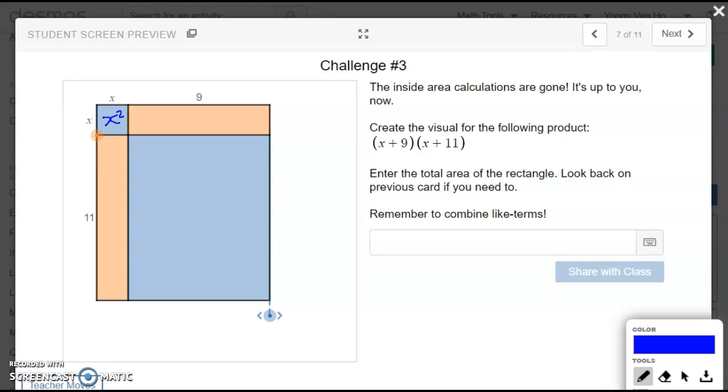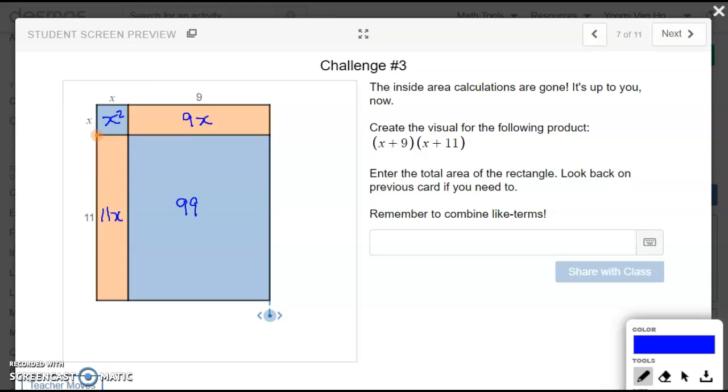So 9 times x, that's just 9x. This length is x, so x times 11 is 11x here. What about this? We have 9 as the length here and the width is 11. So 9 times 11 is 99.